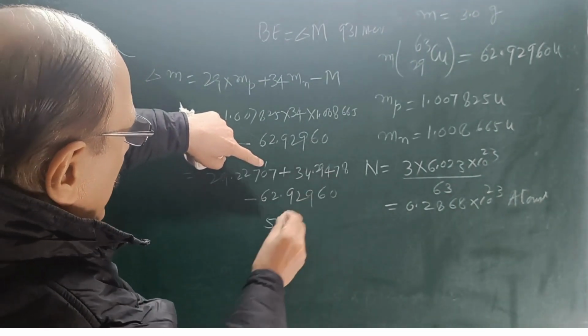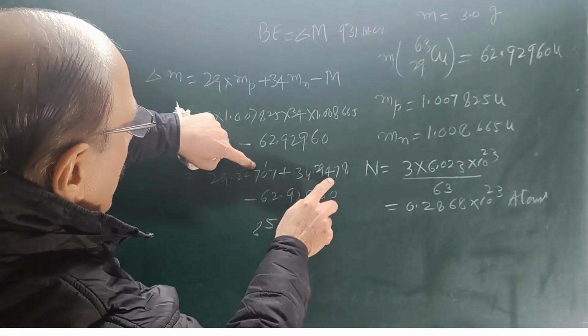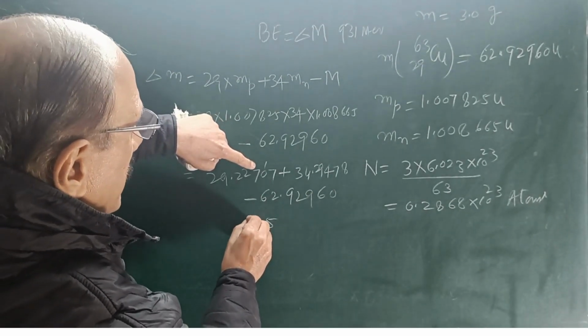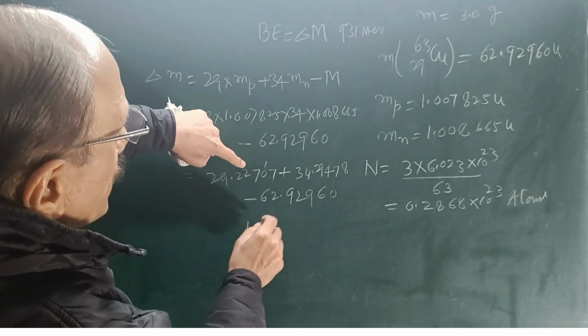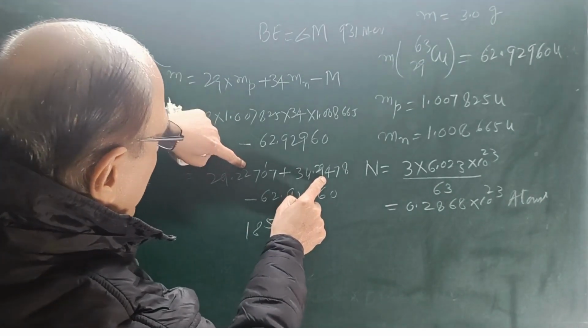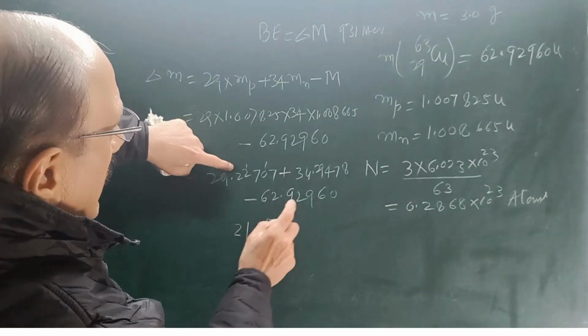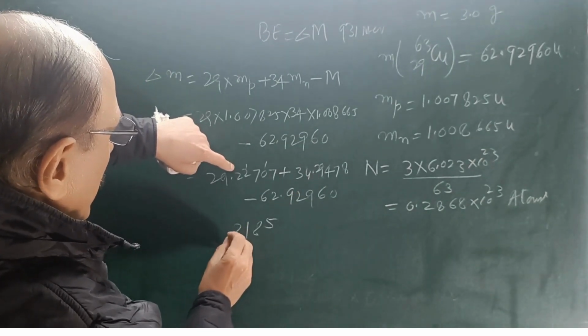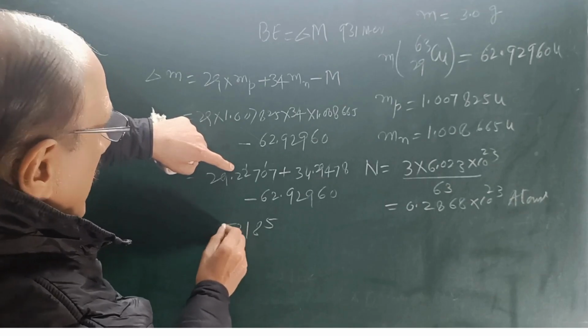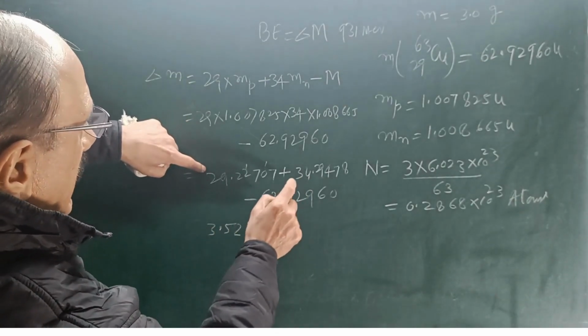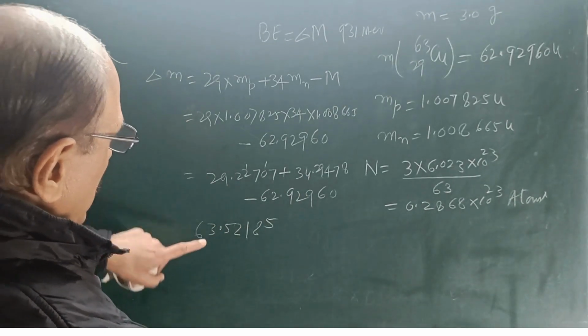Then 1 plus 7 is 8. Then 7 plus 4 is 11. Then 2 plus 9 is 11, and the remainder is there, so 12. And 2 plus 4 becomes 5, and 9, 4, 3, and 3 to 5, 6.